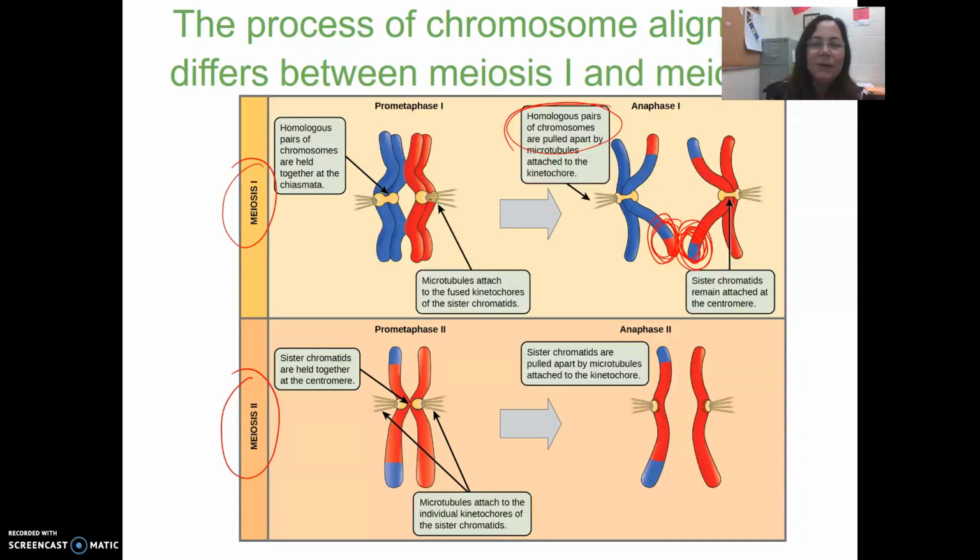Then we get to meiosis two, where the individual chromosomes with the sister chromatids line up single file at the metaphase plate. So in prometaphase two, they're lining up like this, and it is the kinetochores that are being attached to the spindle microtubules or the spindle fibers.